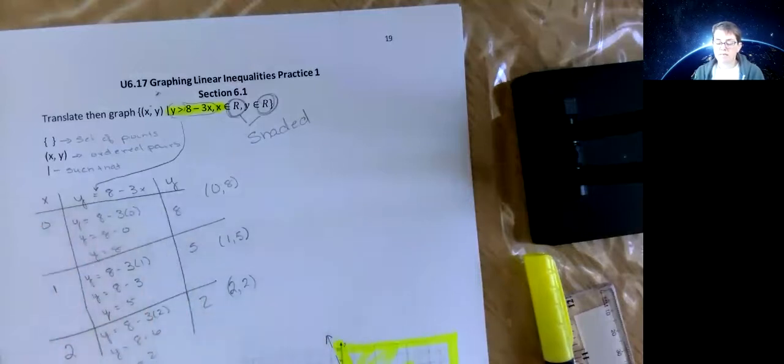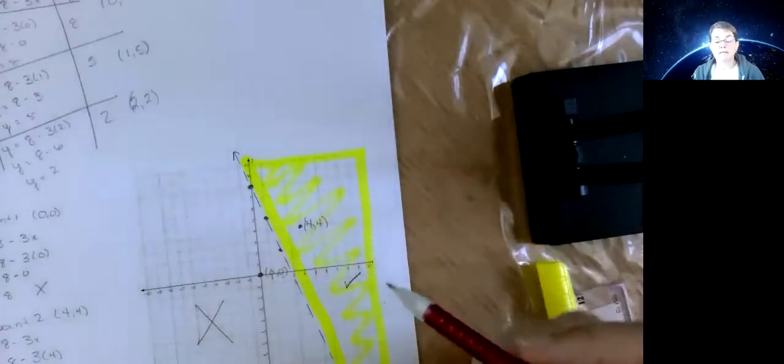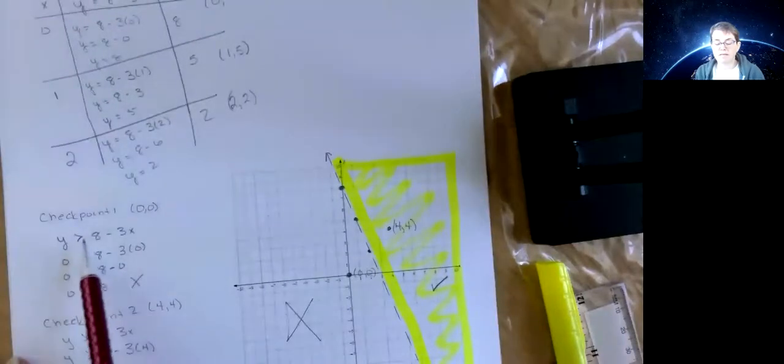We generated our points. Then we went down here and plotted our points. And because our inequality was just a plain greater than sign, no equality, we did a dotted line.